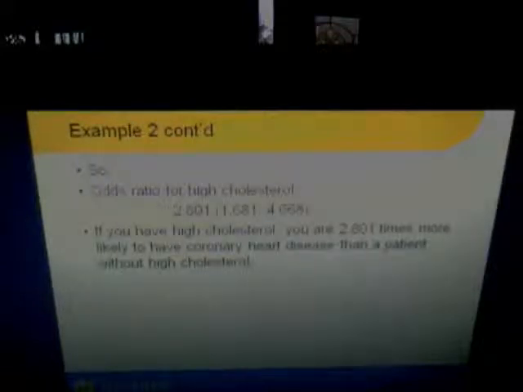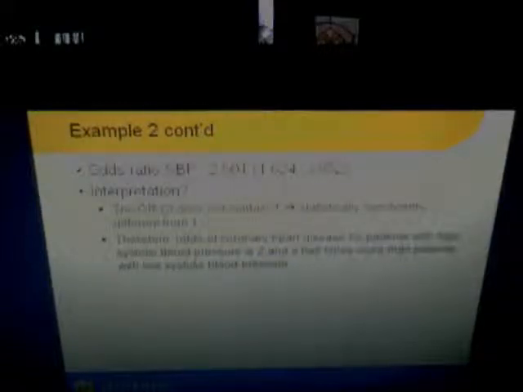So you can see the odds ratio is pretty high, 2.801. And we can have SAS calculate confidence intervals for those odds ratios as well. So here's a statement: if you have high cholesterol, you're 2.801 times more likely to have coronary heart disease than a patient without high cholesterol. So we can take that odds ratio and put it into a nice sentence.